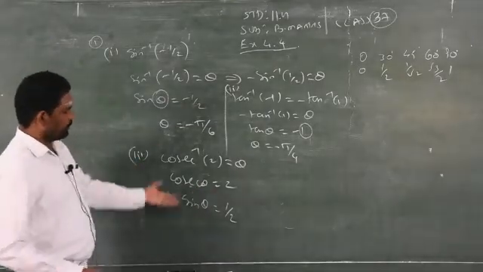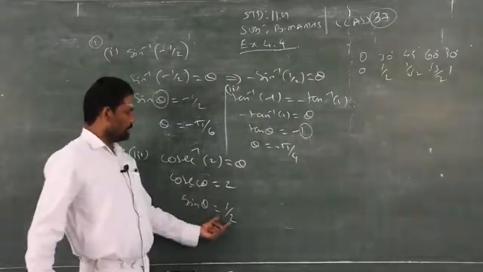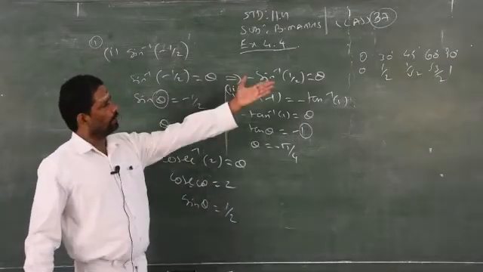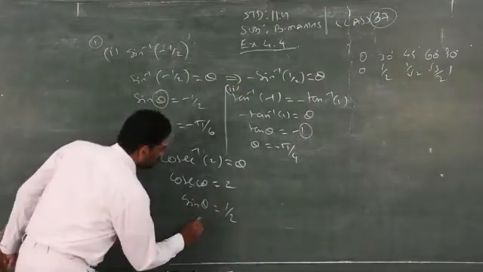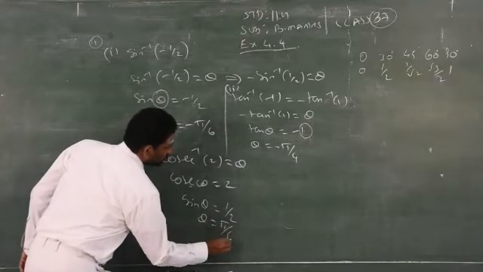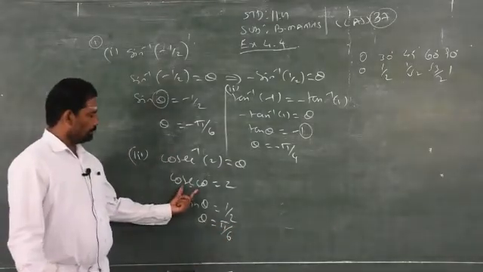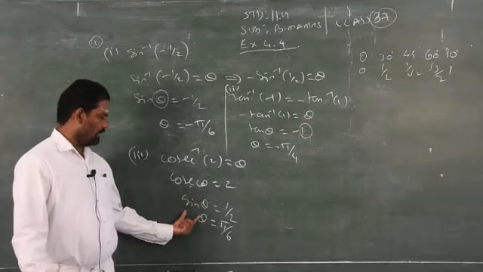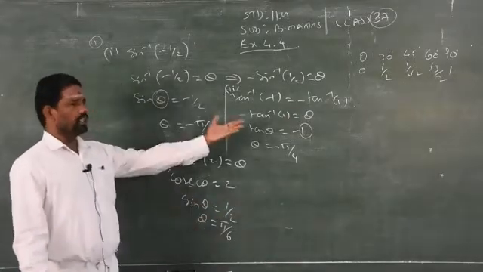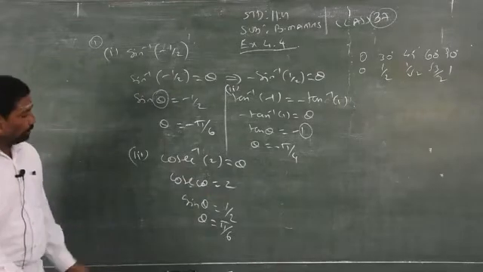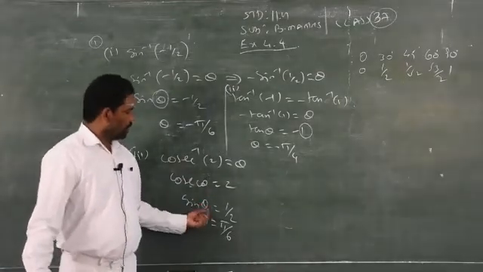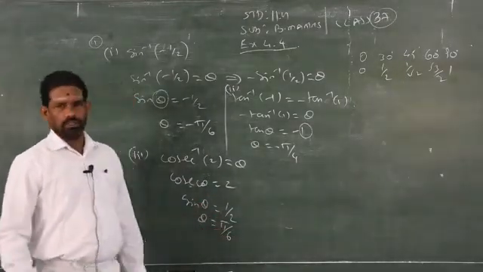So if you take the reciprocal, you will get sin theta is equal to 1 by 2. Where will 1 by 2 come? 1 by 2 stands for pi by 6, that is 30 degree. Clear? So cosecant theta is the reciprocal of sin theta, that is 1 by sin theta equal to 2. When you take the reciprocal, sin theta is equal to 1 by 2. So theta means pi by 6.